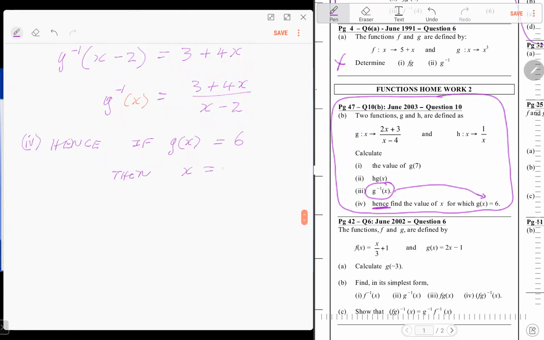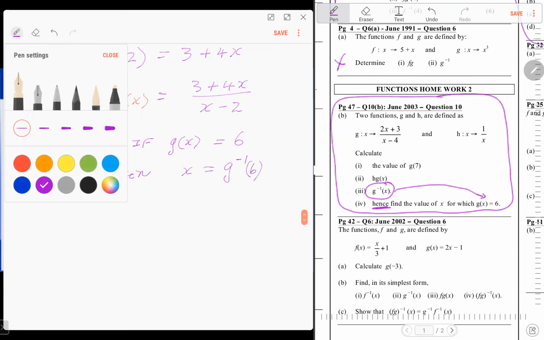x equals g to the minus 1 of 6. Remember the rule. The rule was with f, but it works with anything that is used to represent a function, g or h or k or anything. Let's just rewrite the rule that we are using.